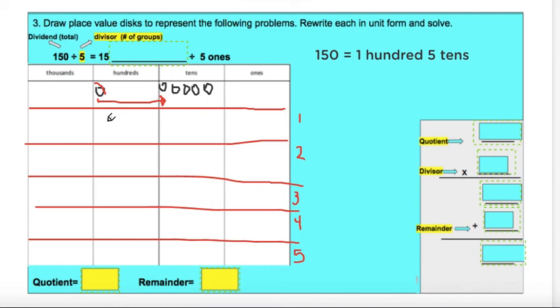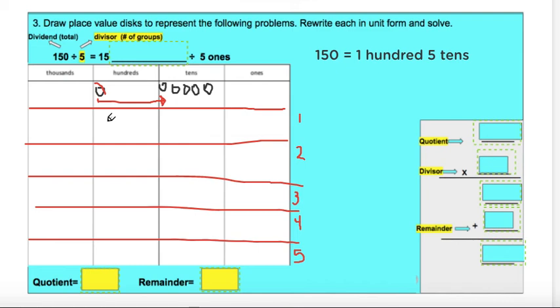In order to do that, we need to ask ourselves, how many tens are inside of 100? Let's skip count by 10 until we get to the number 100. Hold up your fingers because we need to figure out how many fingers we have up. Get ready, go. 10, 20, 30, 40, 50, 60, 70, 80, 90, 100.